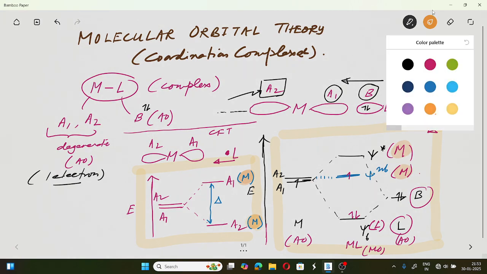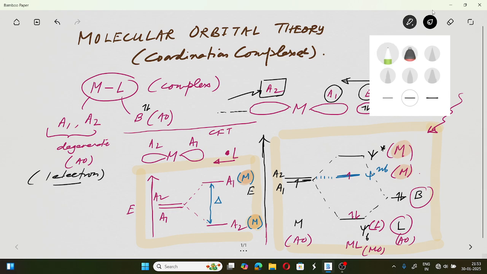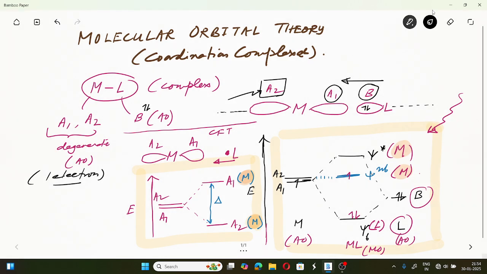So we can say that this gap between the non-bonding and the anti-bonding can be considered as delta, because this is the gap between the two orbitals of metal character. Since these two are also metal character, and this orbital is of ligand character.